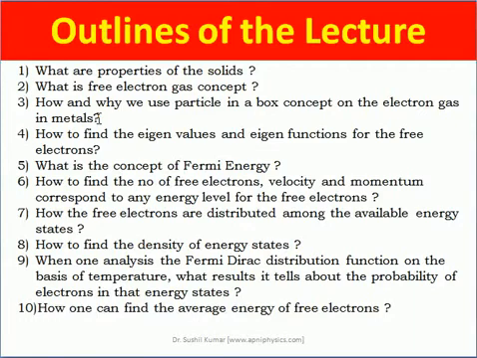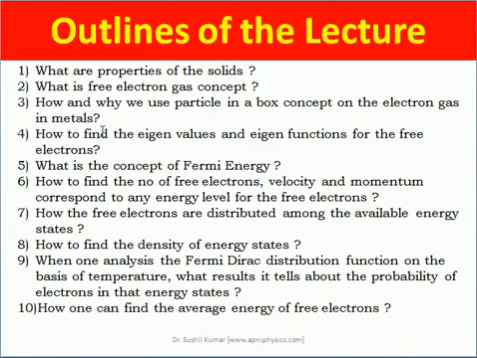Now my point is that I have described at the second stage the free electron gas, and then I implement the approach of a bound system in quantum mechanics on the free electron gas. So how and why we use the particle in a box concept on the electron gas in metals, right?